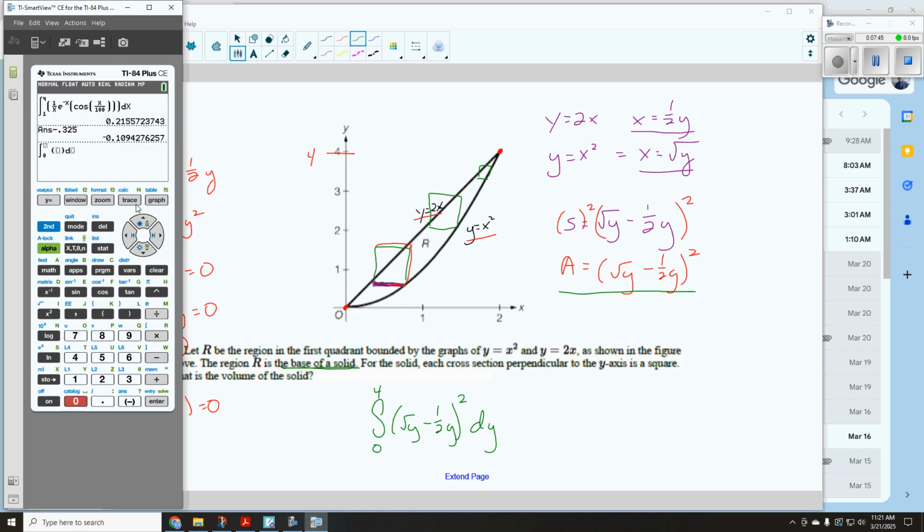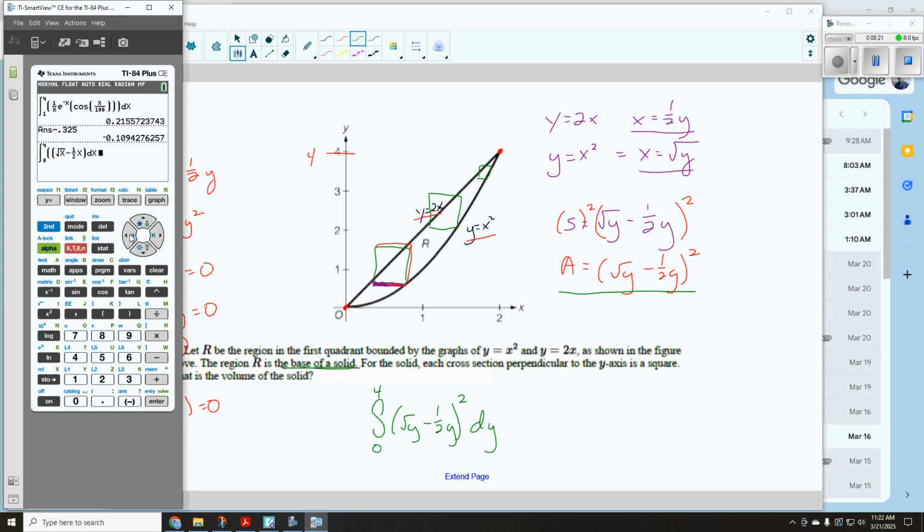I'm going to go from 0 to 4 of, I'll put in a parentheses, and I'm going to square it, so I'm going to put in another parentheses. So it's going to be the square root of x minus 1/2 x dx.